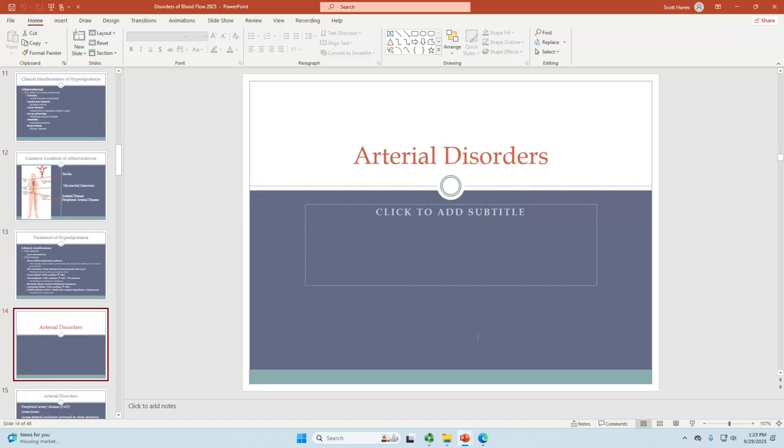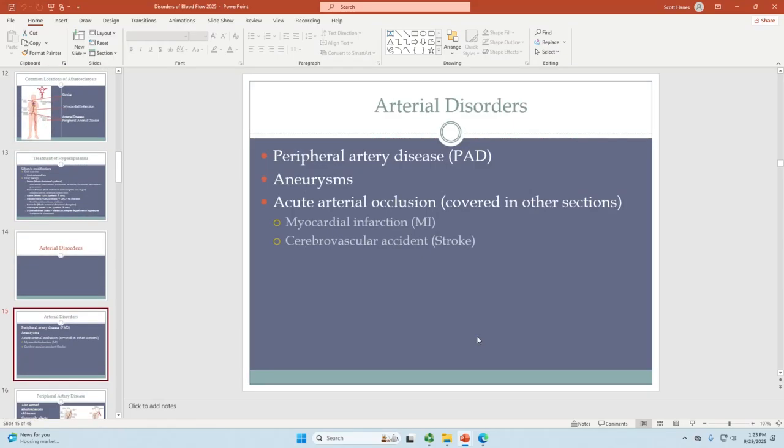Now we'll dive in and talk about these disorders specifically, beginning with arterial disorders. So today we're just going to talk about peripheral arterial disease and aneurysms, and then next quarter we'll talk about stroke, and then really in the next slide deck, the second half of today, we'll talk about heart disease, particularly myocardial infarction.